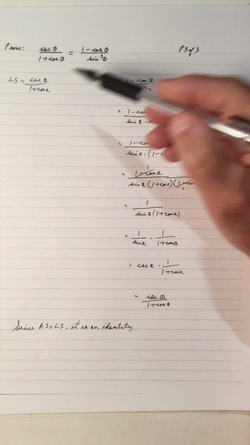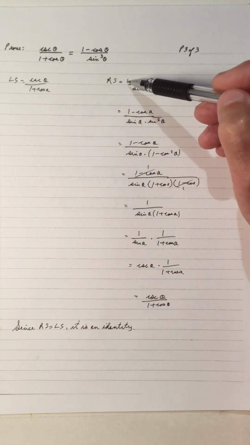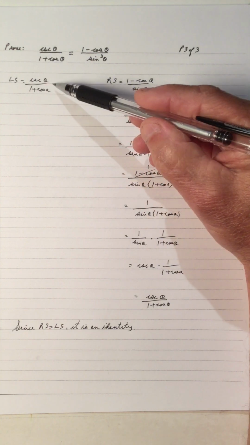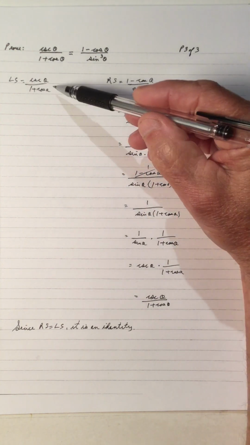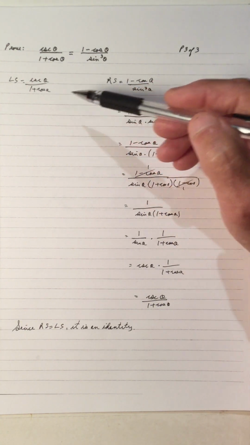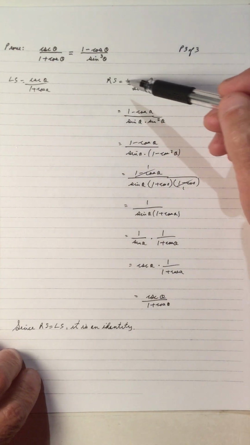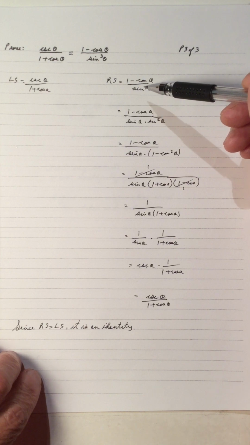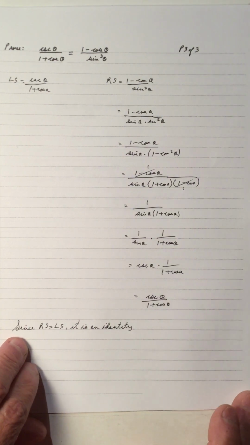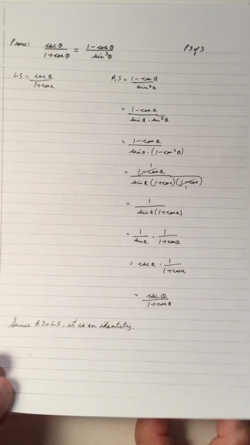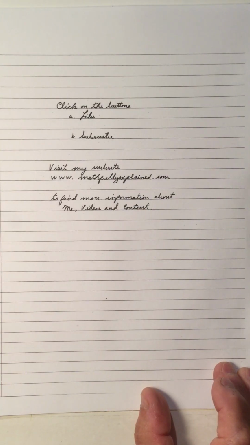And if you did the left side, you had to know that you had to get 1 minus cos theta on the top, so you multiply top and bottom by 1 minus cos theta. So that's a little identity that's different, and this ends the trig identities.